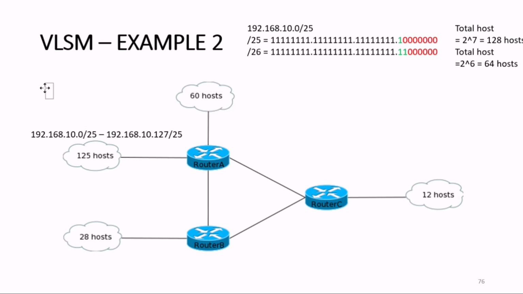So for this local network, we can write it down here, it's better to write it over here. 192.168.10.128/26 until 192.168.10 dot, so plus 64, we get 151/26.